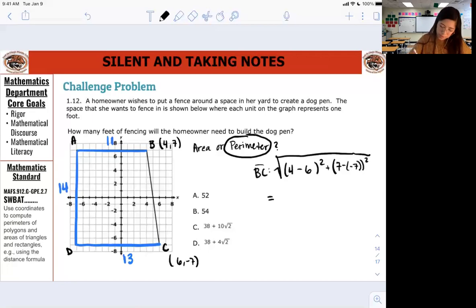4 minus 6 is what? It's negative 2. And then 7 minus negative 7. That's 7 plus 7, which is 14 squared. What's 14 squared?